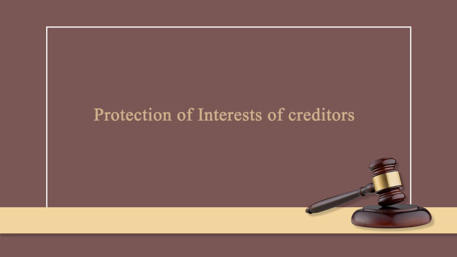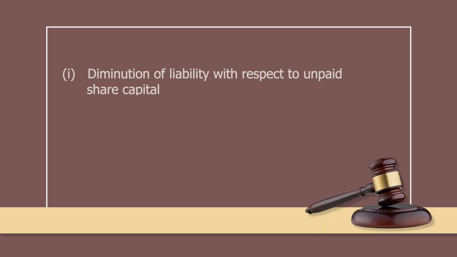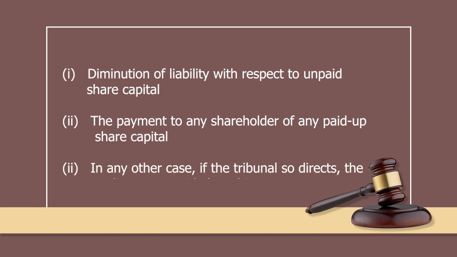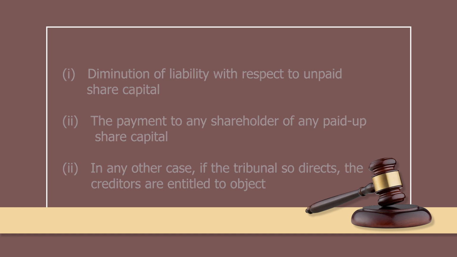Dear students, we shall now study the protection of the interest of creditors. Where the proposed reduction of share capital involves either diminution of liability with respect to the unpaid share capital or the payment to any shareholder of any paid up share capital, or in any other case if the Tribunal so directs, the creditors are entitled to object.